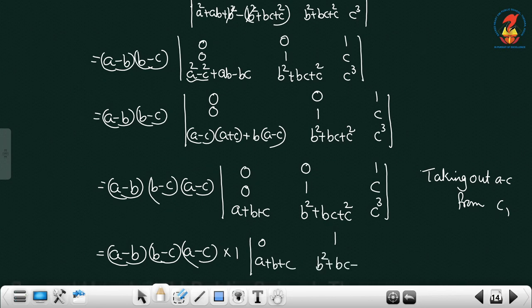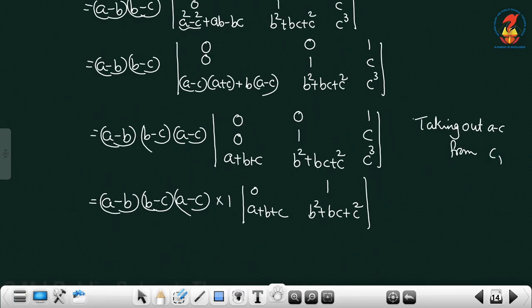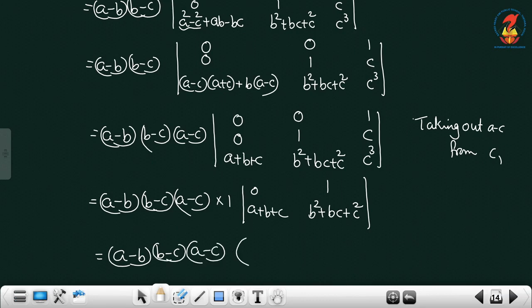Second element is like this. Now find the value of that. So 0 into this part is 0, then minus b minus c into a minus c into 0 into that is 0, minus of a plus b plus c.